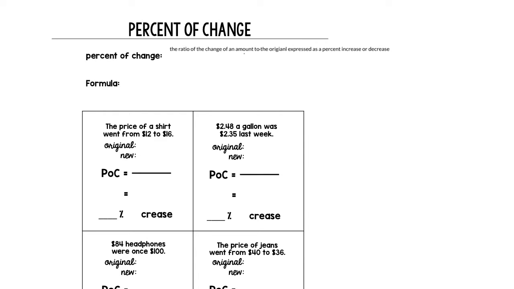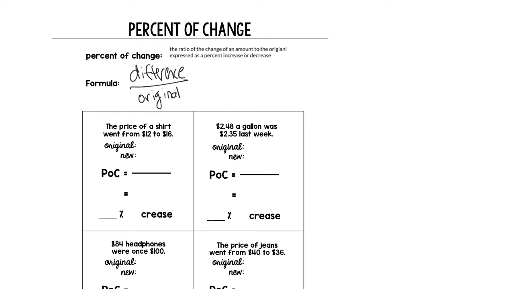Let's make that fit a little better. So the ratio of the change of an amount to the original expressed as a percent increase or decrease. The formula for finding the percent of change is the difference over the original.